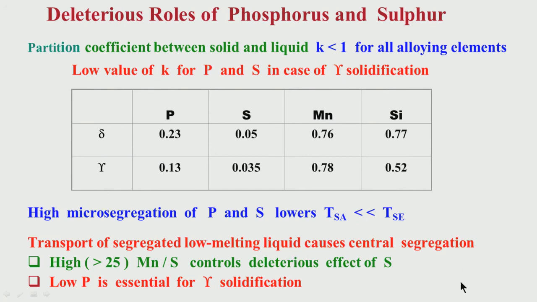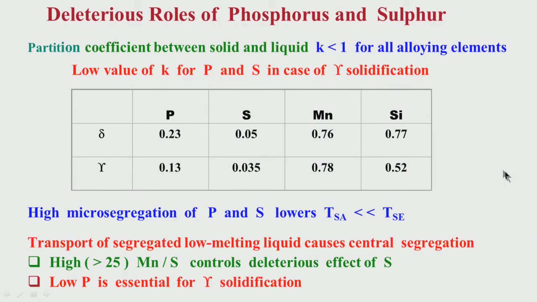That means, at the last stage whatever liquid remains during solidification, as I have told you, it is very rich in all alloying elements in steel because of segregation. Now, some alloying elements will segregate more like phosphorus, sulfur, some alloying elements, manganese, silicon, they will segregate less. So, we have to be more careful about phosphorus and sulfur in steel.